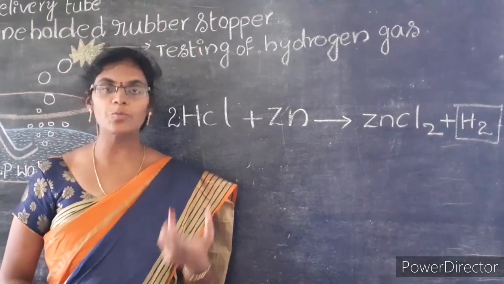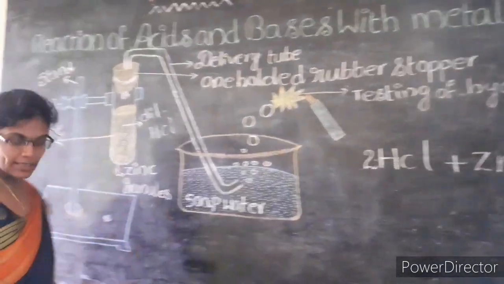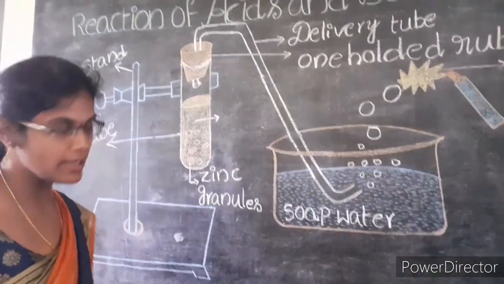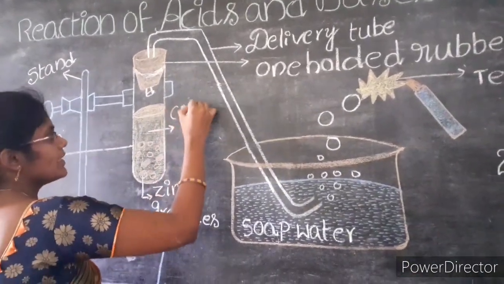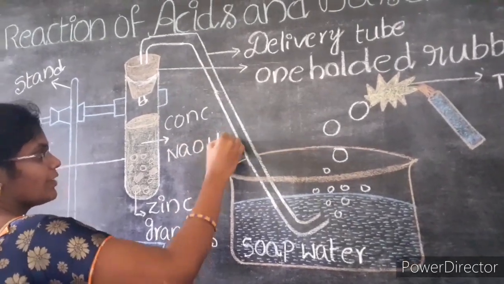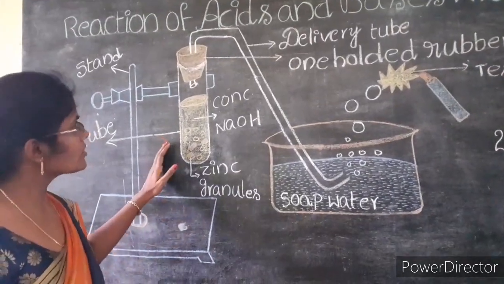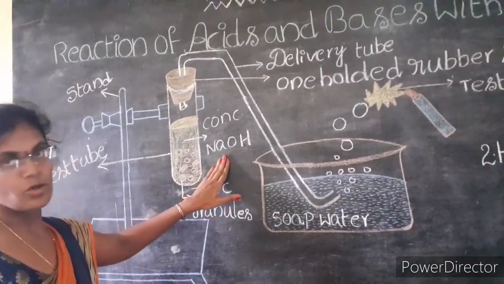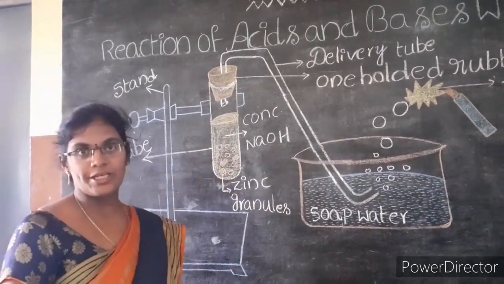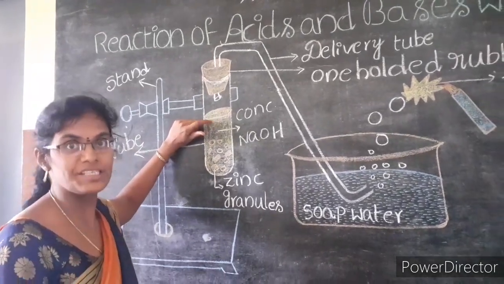Now we move on to bases, how they react with metals. In this test tube, instead of dilute HCl, now you will take concentrated NaOH for getting good results. In this case also we will observe the effervescence in the solution, and this effervescence also indicates the gas evolved in this reaction.